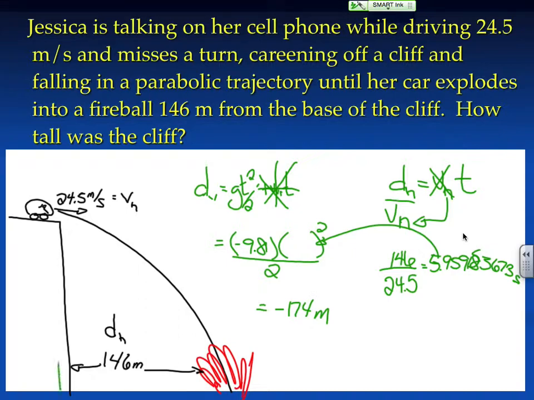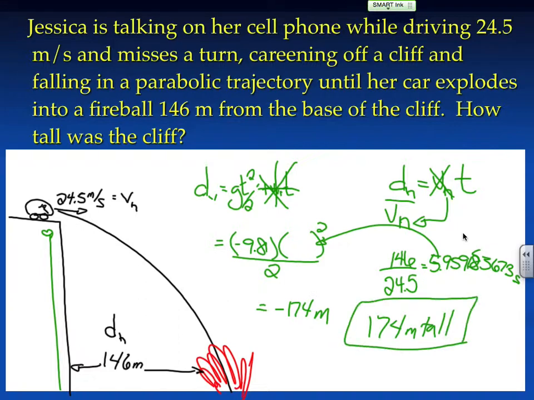We measure cliffs from the bottom up. So I would just put this as a positive number. And then put it like that. Super duper simple, right?